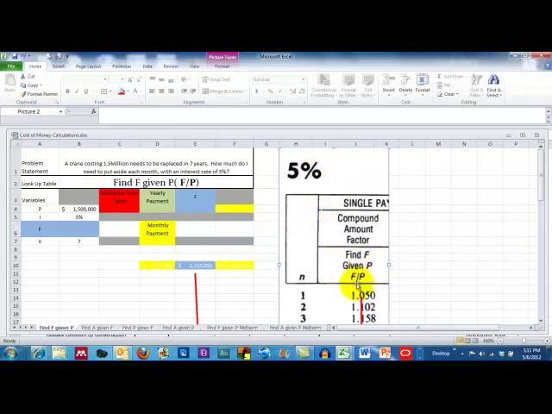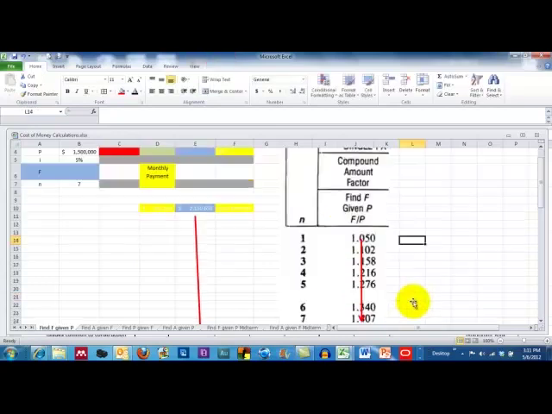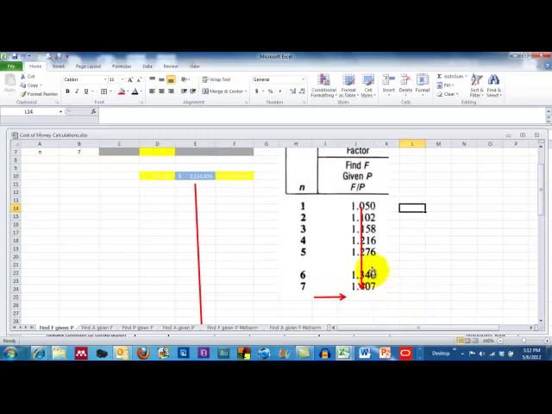So the multiplier factor that we have, which I'm about to highlight, is 1.407. That's our multiplier factor from our table.